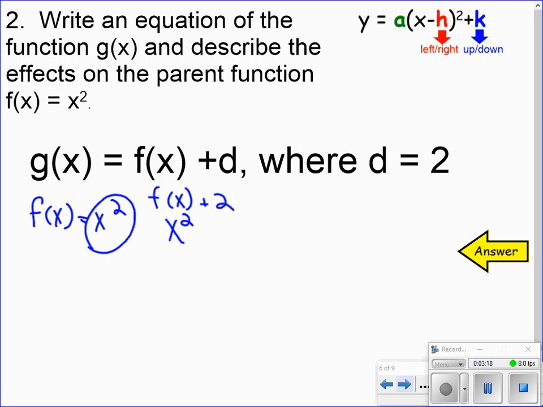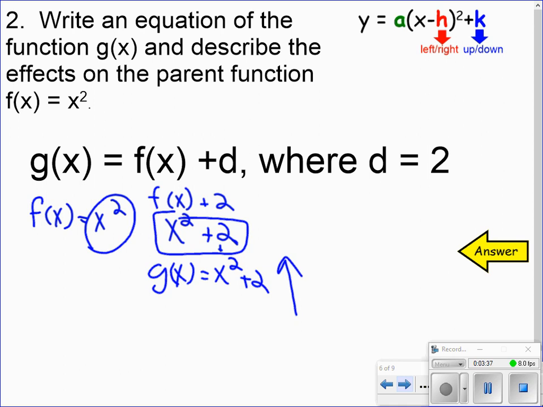So take that entire function and add 2 to it. Alright, and we want to describe the effect. So here's our new equation. Our new equation for g of x is x squared plus 2, and how it changed is it moved up 2 units. It went up 2.